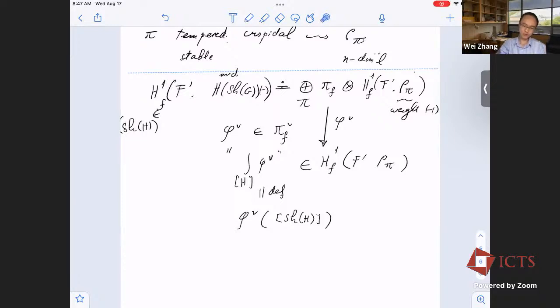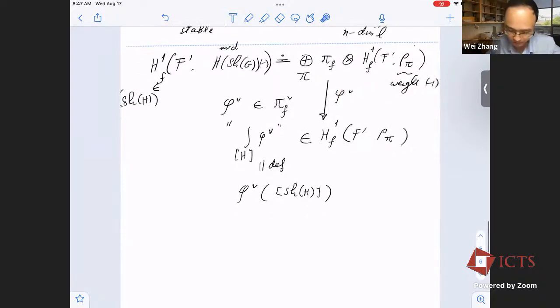First you project down to the pi component, then you use this linear functional to send it to the Selmer group attached to pi.